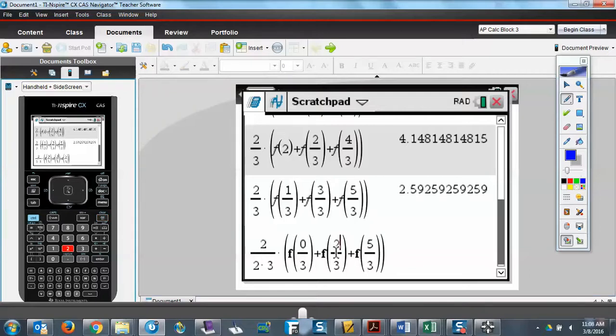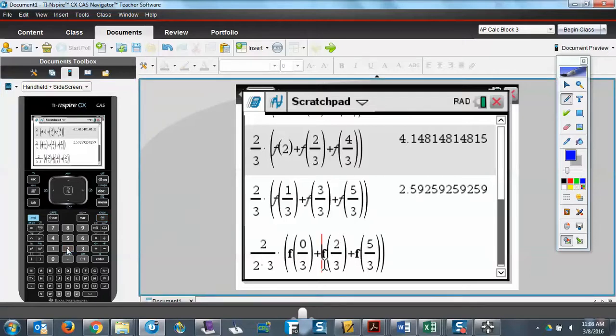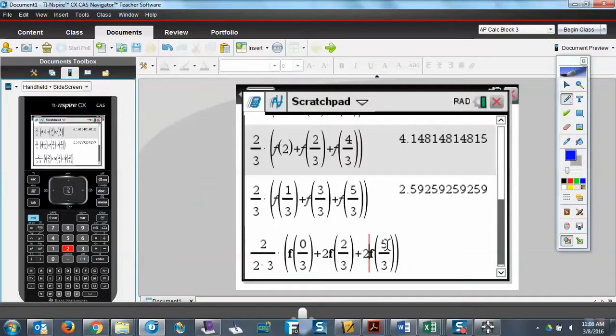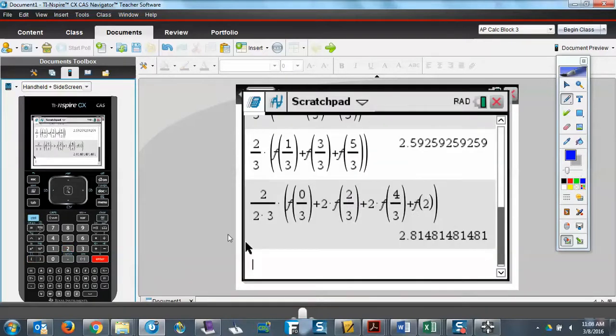But there was 2 of those, right? And there was 2 of these, and that one was what, 4/3? I just didn't want to type all this again. And then plus 1 of the last one. 2.815.